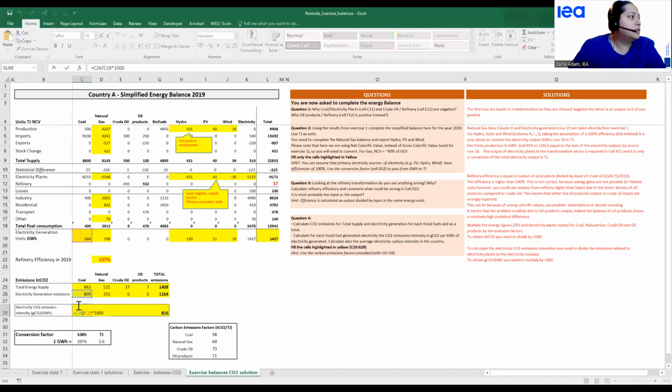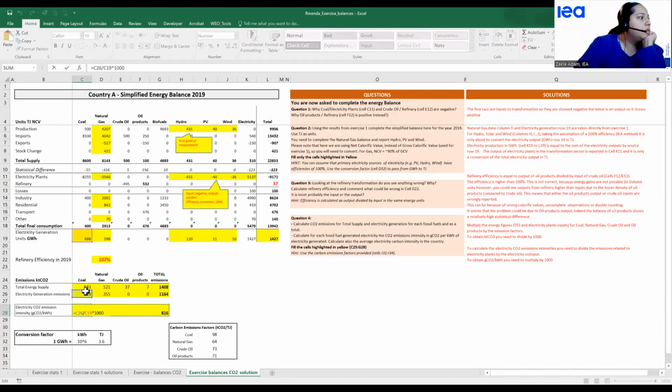So here, we take the amount of emissions from electricity generation for coal, and you divide by your coal electricity generation. And you multiply by 1000 to get gram of CO2 per kilowatt hour.